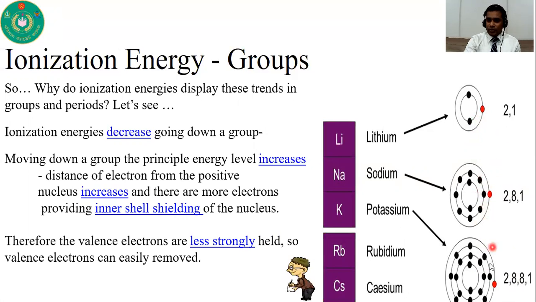As the size of the atom increases, the bond between the outermost electron and the nucleus is loose in case of a bigger atom. So this electron is loosely bonded with the nucleus compared to sodium. That's why this electron is easily removed. That's why if we go from top to bottom, the outermost electron can be easily removed.